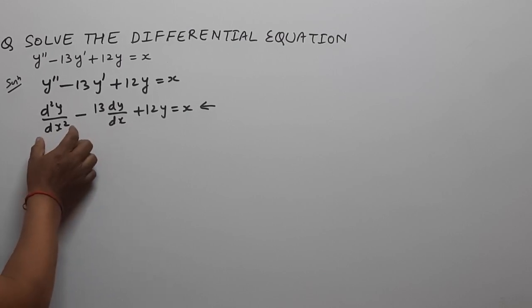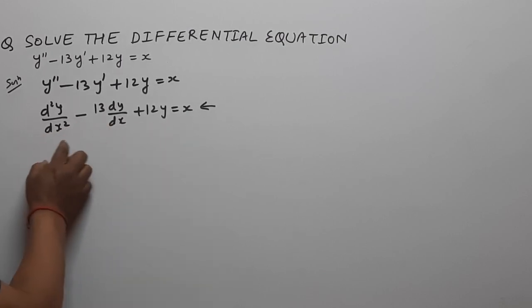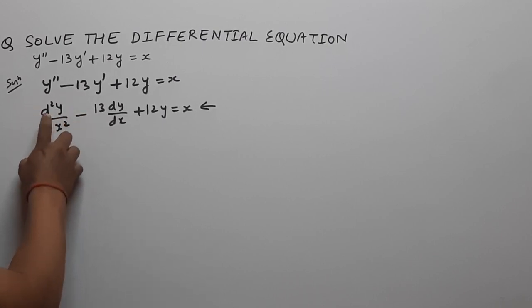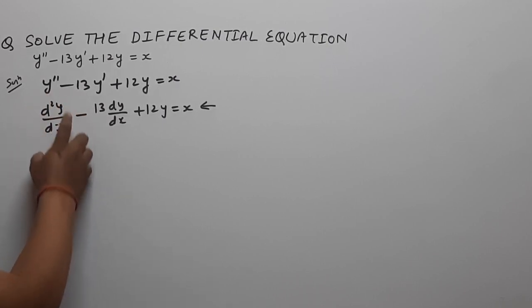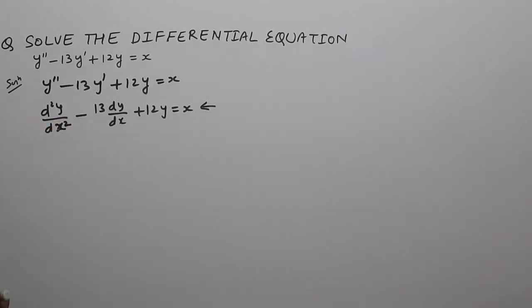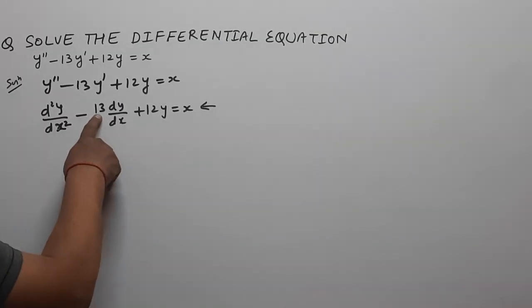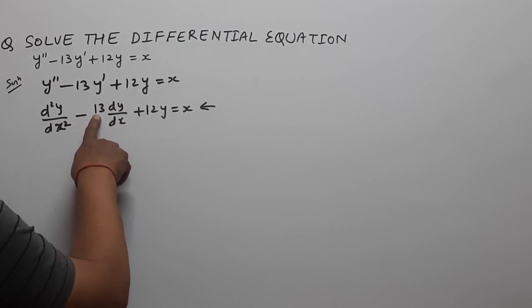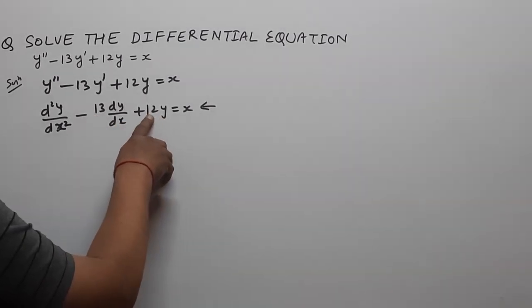So the order of this differential equation is 2 and the power of this differential coefficient is 1. So this is a first degree and second order linear differential equation with constant coefficient. You can see the coefficient of dy by dx is minus 13, which is constant, and the coefficient of y is also constant.